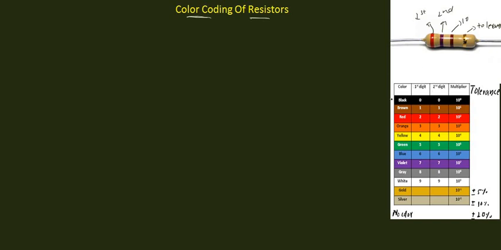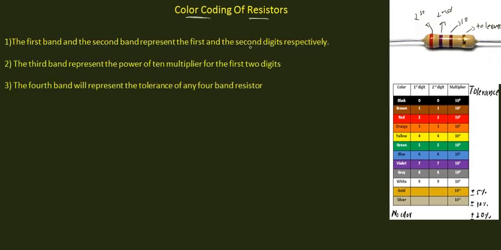Before going towards the explanation of this table, let me first describe these color bands. The first band and the second band represent the first and the second digits respectively. From the given resistor, the first band has a color of red, and from the given table we know that the number associated with red is 2.